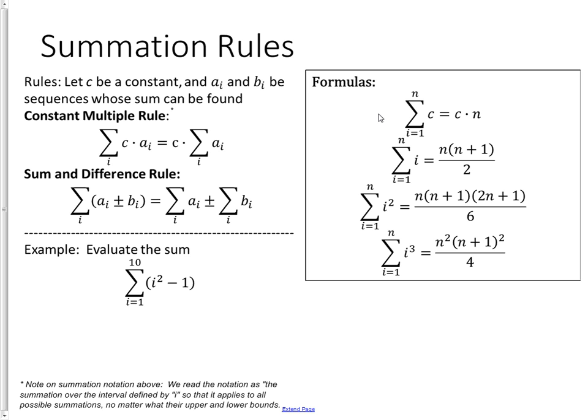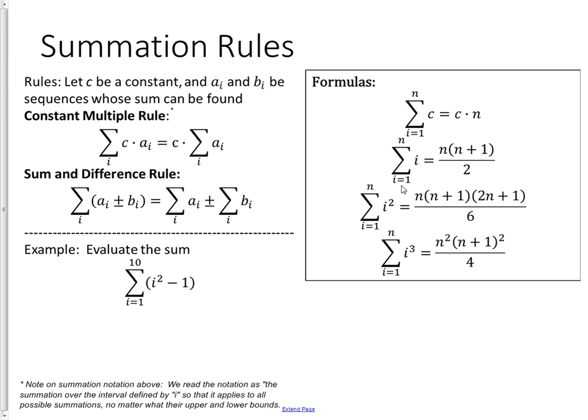There are some other formulas that can help us right here. For example, if we were to take the sum from 1 to n of a constant, the sum will be equal to the constant times n. And we'll prove these in the classroom.